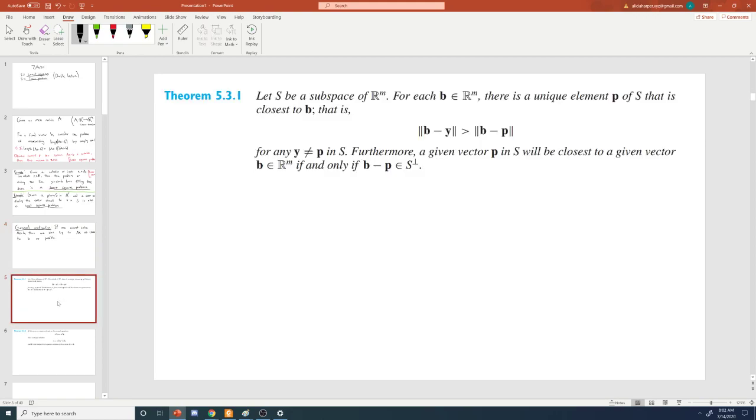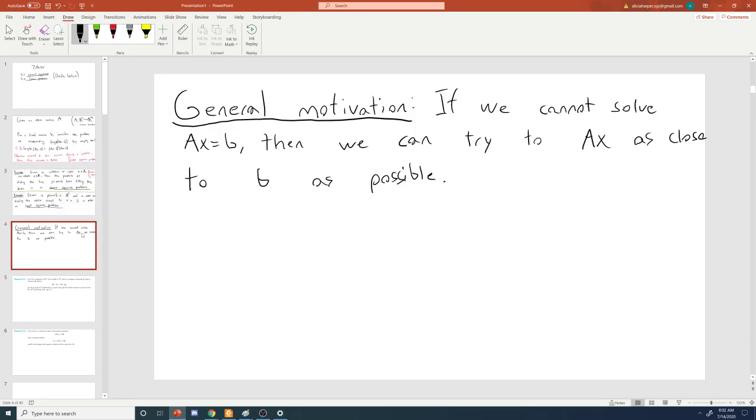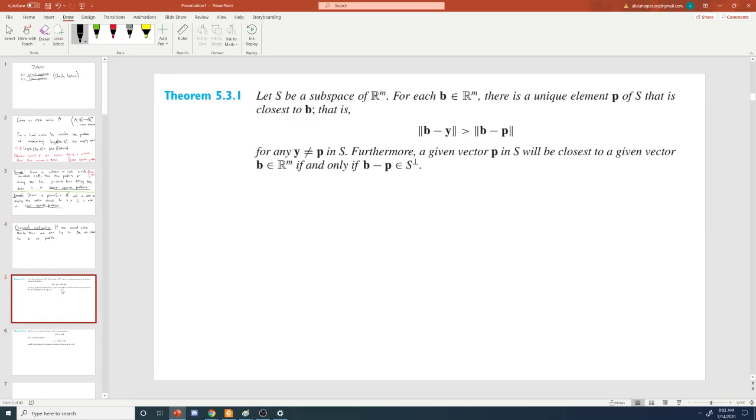So I'm going to start by proving a lemma. The book calls it a theorem, and it will be used in our general approach to solving least squares problems. Suppose we have a subspace S of Rm. Then for each b in Rm, there is a unique element p of S that is closest to b.